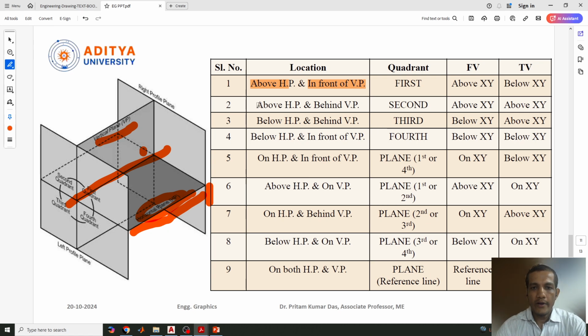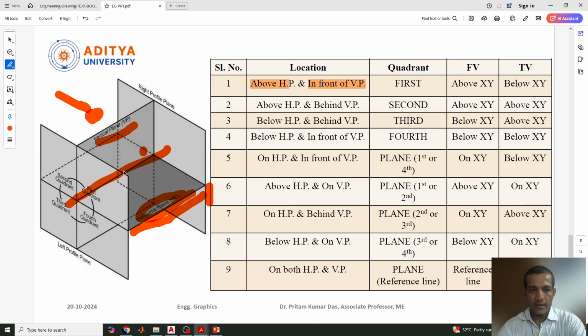Similarly, when the point is above HP and behind VP, that means it is in the second quadrant. What about the front view? If the observer is here viewing the object, the front view will be in the vertical plane, and that will be above XY.